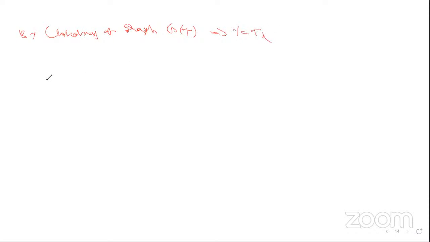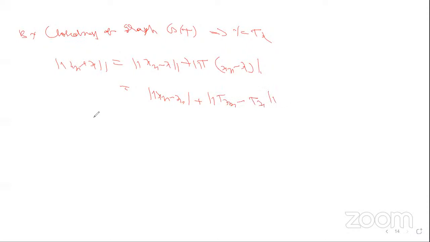So now norm of Xn minus X plus norm of T of Xn minus X equals norm of Xn minus X plus norm of T of Xn minus T of X, and we can write that because T is linear.